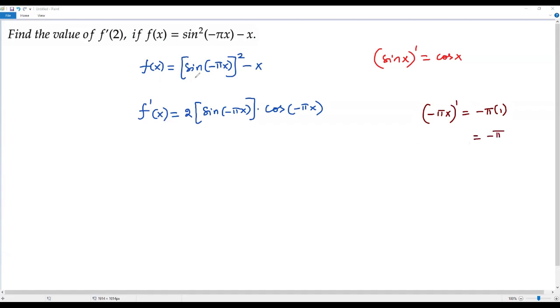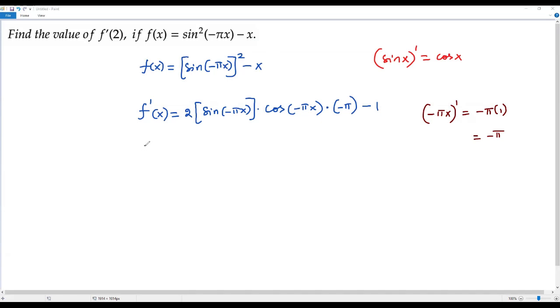So first I did the derivative for this complete stuff using the power rule, that is I brought the exponent in front of the variable and subtracted 1 from the exponent. By chain rule, I got the derivative for sine of negative pi x, that is cosine of negative pi x. Again by chain rule, I'm getting the derivative of negative pi x, that is just negative pi, because the derivative of x with respect to x is just 1.